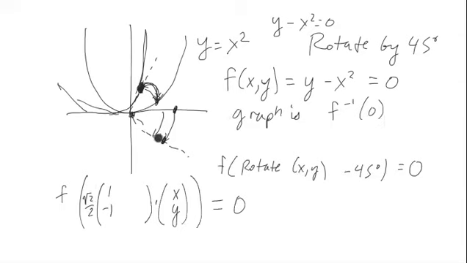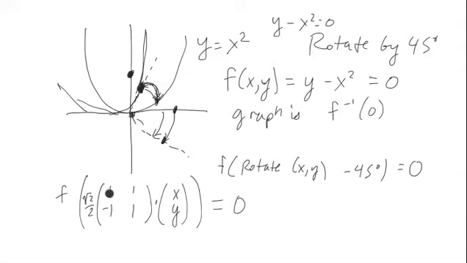Now, let's see what happens to e2, so (0, 1). It goes back this way to what we expect right here at 45 degrees, which would be root 2 over 2, root 2 over 2, so just a (1, 1) here. So this calculation should give me the equation for the rotated parabola.